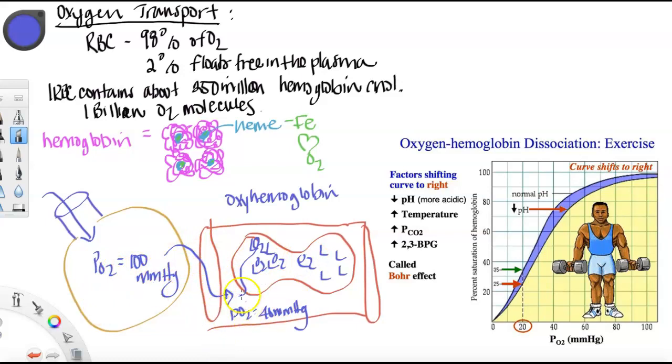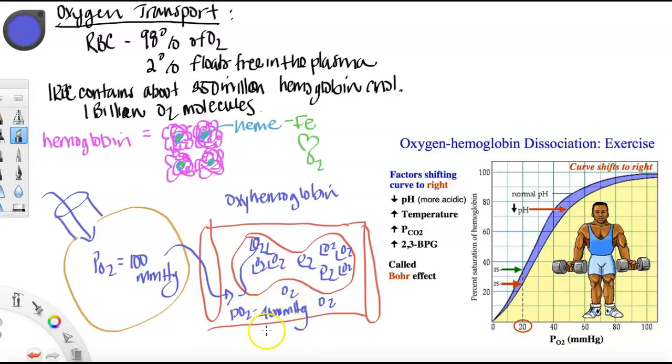That keeps happening. Oxygen continues to diffuse in, and once these seats are full, which technically is about 98% full, so 98% is about saturated, then the oxygen starts to go into the plasma, and this number starts to go up.